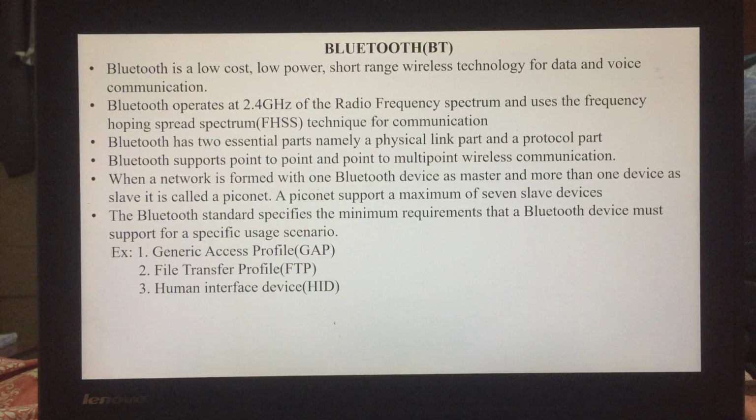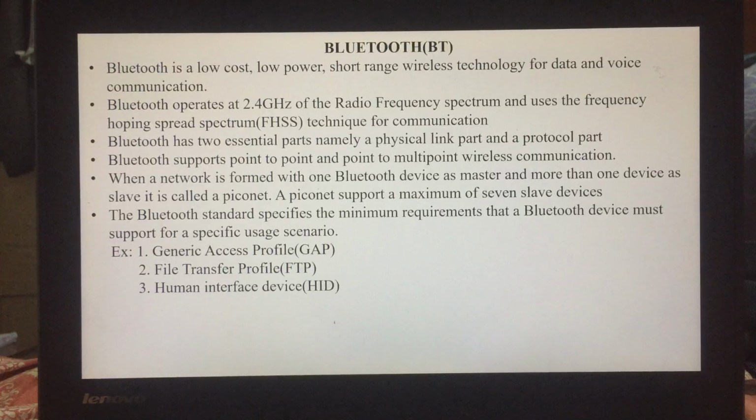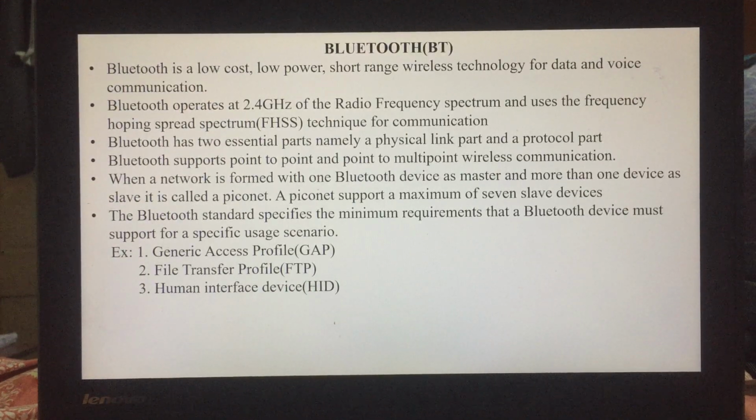Each Bluetooth device will have a 48-bit unique identification number. It follows packet-based transfer, that means data is transmitted in packets. Point-to-point means device to device and point-to-multipoint means device to multiple device communication. Bluetooth supports point-to-point and point-to-multipoint wireless communication.